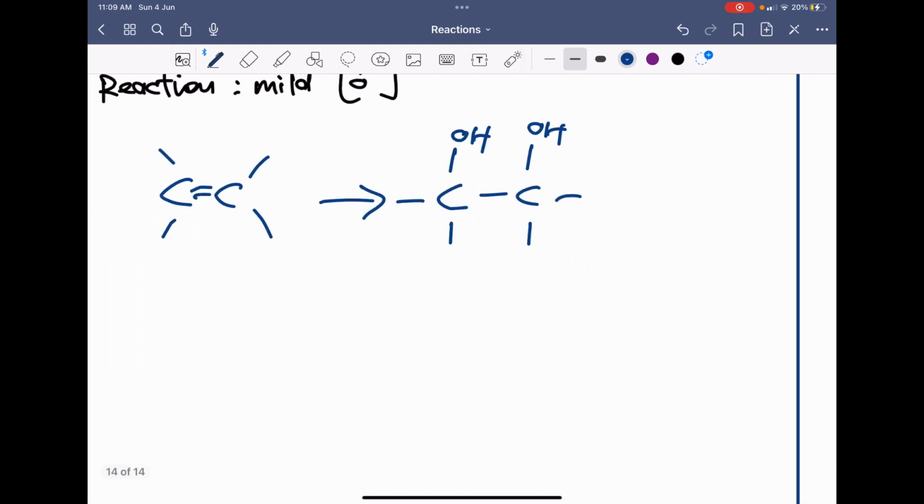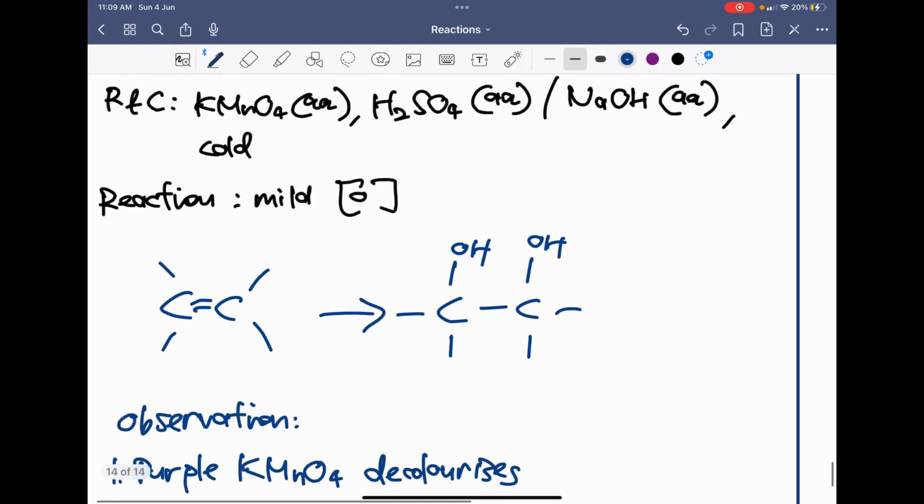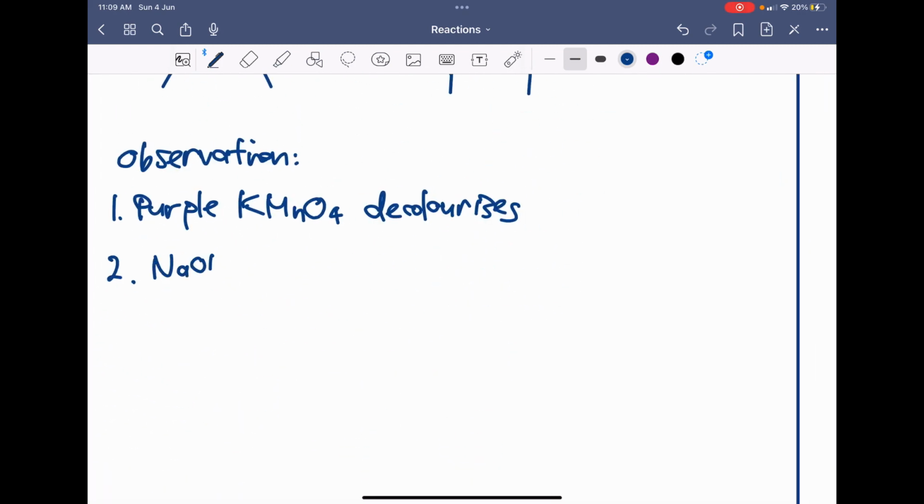And what will be your observations is that because it undergoes oxidation, your purple KMnO4 decolorizes. And if you use NaOH, this means that you have basic condition, right?